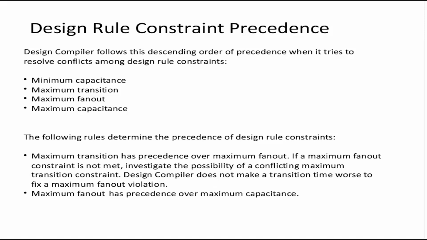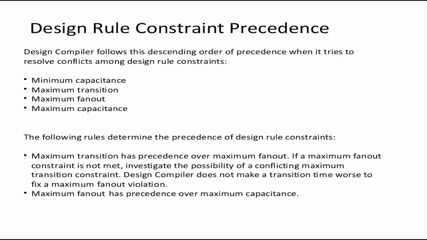So again, max fan out has precedence over max cap. What does that mean? The output pin of a gate might be meeting the max cap, but might be violating the fan out load. So maximum fan out will take precedence in this case. The idea is that usually these design constraints go hand in hand.